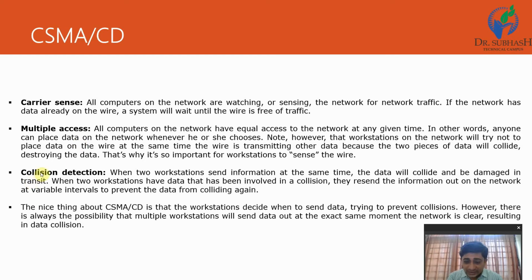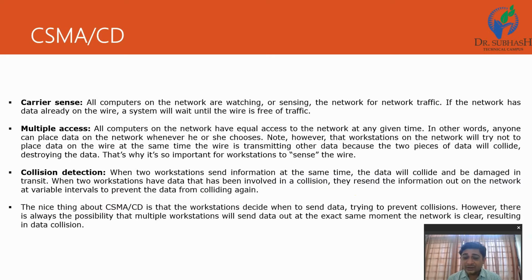Next one, collision detection. How to detect a collision? Where is the problem? When two workstations send information at the same time, the data will collide and may be damaged in transit. When two workstations have data that has been involved in a collision, they resend the information out of the network at variable intervals.